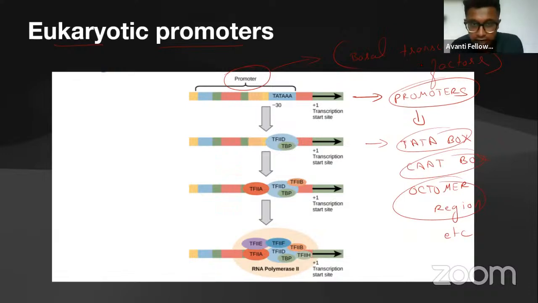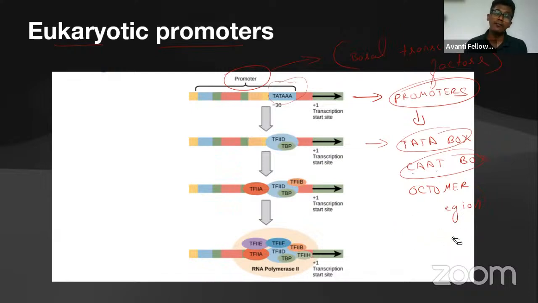In the TATA box, a TATA rich region is present. In your CAAT box, a CAAT region is present. In the octamer box, a GC rich region is present. So they are all conserved sequences. So these are your eukaryotic promoters.